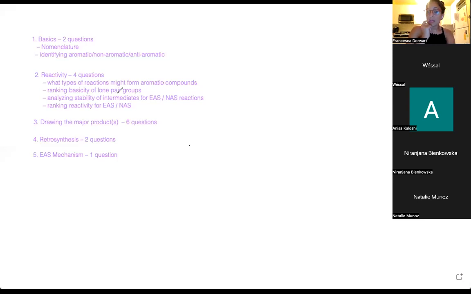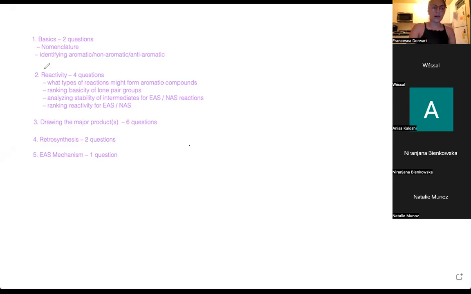So this is what we went over at the beginning, what's going to be on the test. We have the basics in regards to nomenclature and identifying aromatic, non-aromatic, or anti-aromatic, which we just went over. We didn't go over nomenclature, so if anyone has any questions about that, by all means, bring it up now. We also have our reactivity.